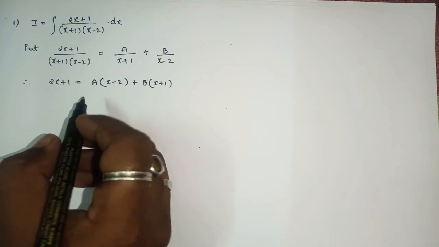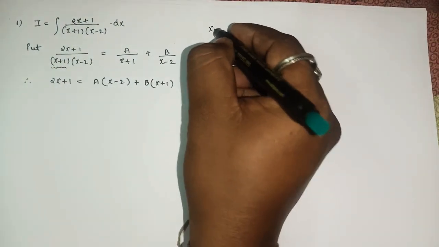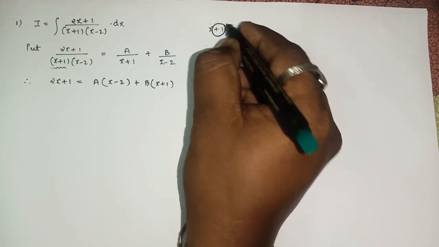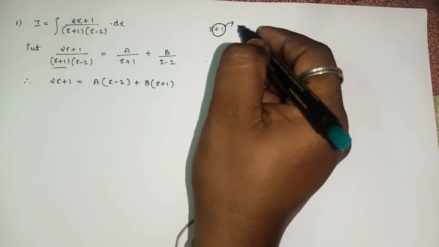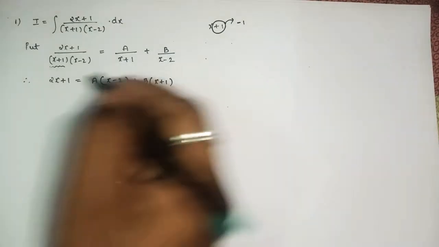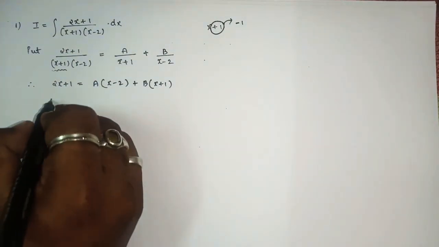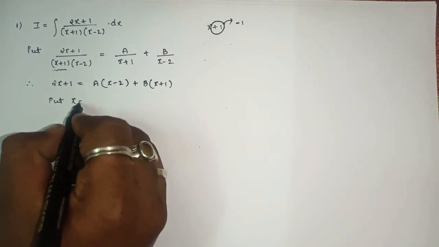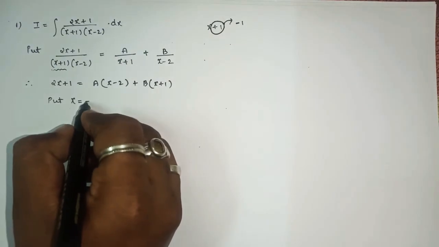Simply what you will do: as here we have x plus 1, take the opposite sign of this. The opposite sign for plus 1 would be what? Minus 1. So to get the values of A and B, the second method is very simple actually. Simply you will put x equals minus 1.